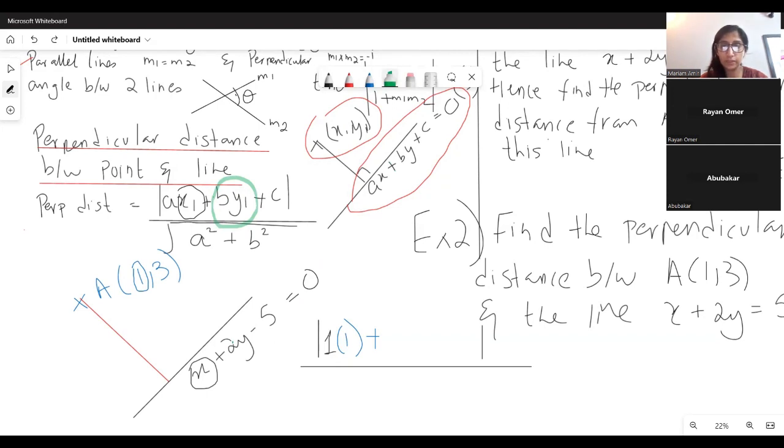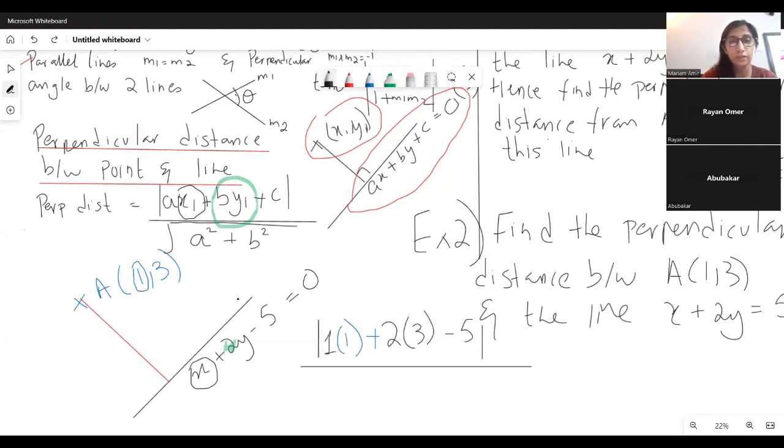Yes, b is the coefficient of y. Look, it's written here: ax plus by plus c equals 0. So b is the coefficient of y, which is 2. I'm going to write 2 here. And then y1 is just the y of the given coordinate, which is 3. Plus c is going to be what? Minus 5. Yes, minus 5. And then close the modulus.